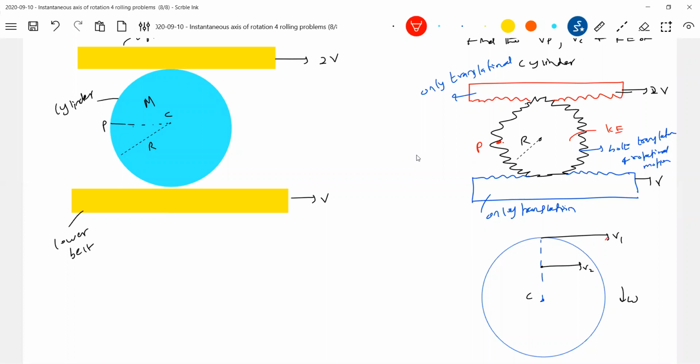Draw a line joining the heads of the velocity vectors, and draw another line joining the tails of the velocity vectors. Where both lines intersect, that will be the center of rotation. About that point, in fact, they are rotating.